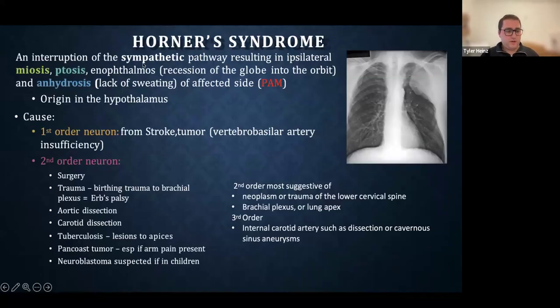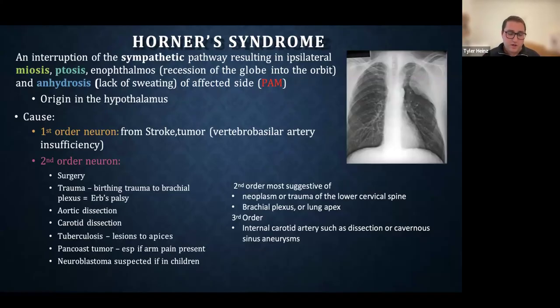So we are coming up now to Horner's syndrome. Now, I want you guys to remember before we even go to this slide, Horner's syndrome is not a disease. It's a clue to something else. So if it's a first order neuron, which we'll get into, the first order, second orders, if it's a first order neuron, it's something breaking the signal track down the brain and spinal cord. If it's a second order, it's a lung tumor, maybe a mass effect.